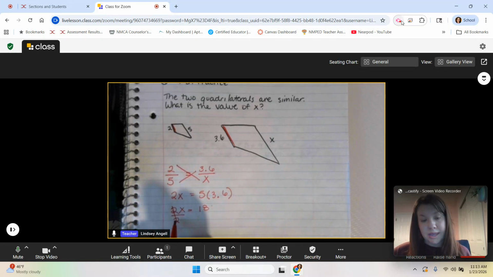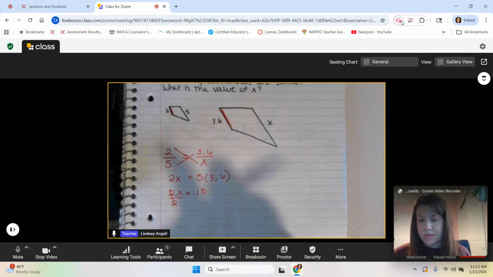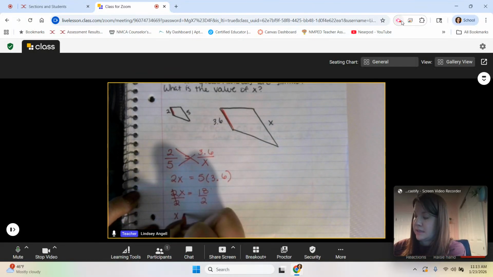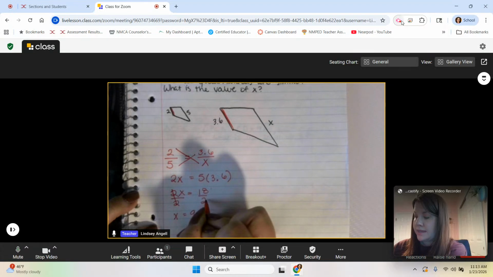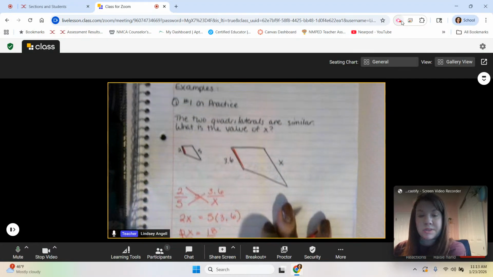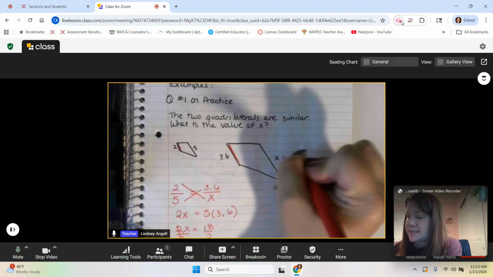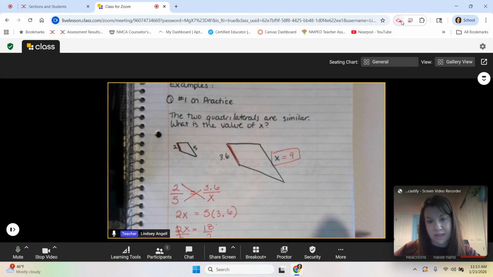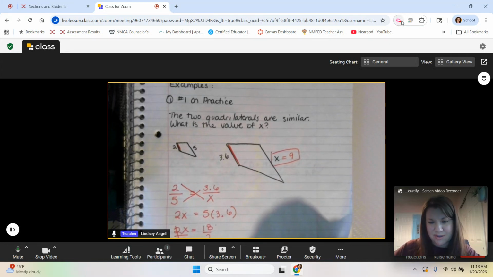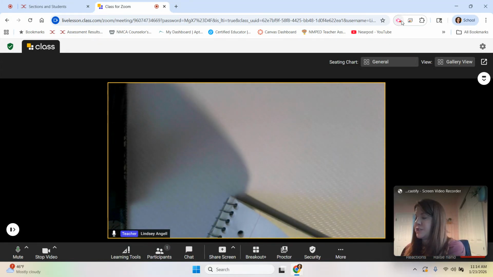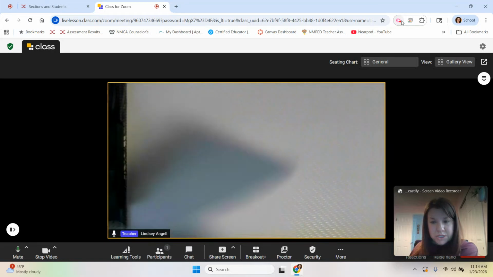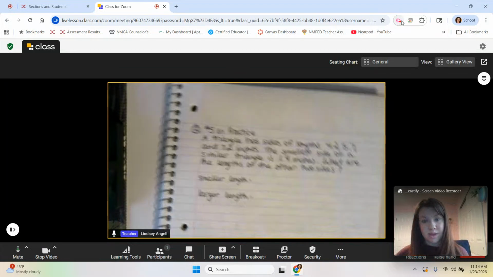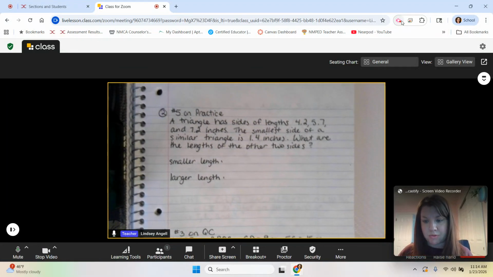Whenever you multiply and divide by the same number, they cancel each other out, right? So we've got x equals 9. 18 divided by 2 is 9. So that tells me that this side length here is 9, and that would be our final answer. Not too bad, right? We just have to make sure we recognize which sides are corresponding, which ones match up in both shapes.